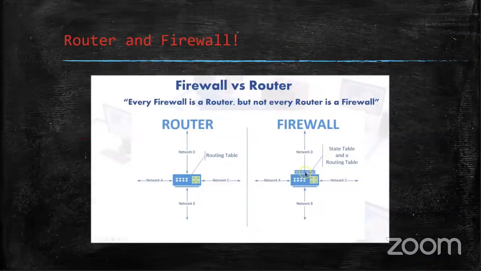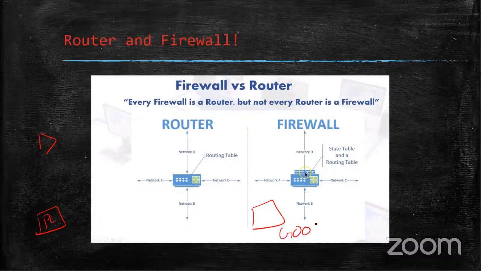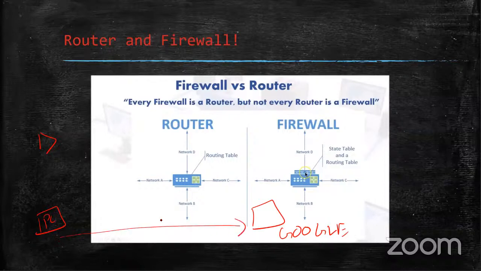Let's say this is a PC, and this PC is trying to get to another PC over here. Let's say this is Google. Now PC1 is trying to connect to google.com. As soon as this packet reaches the router, what is the first thing that the router will do?